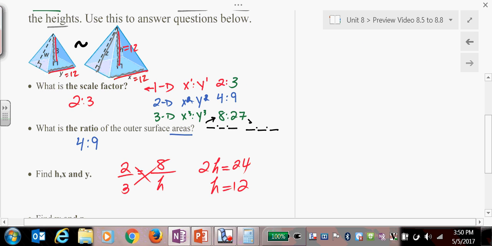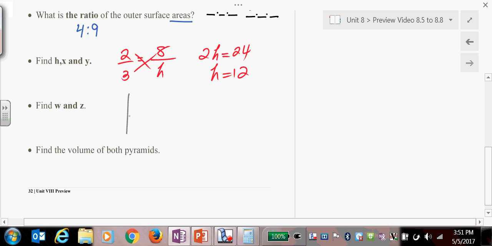W and Z, if you go like this, you can see you have right triangles. Let me pull these right triangles out so it's a little bit easier to see.